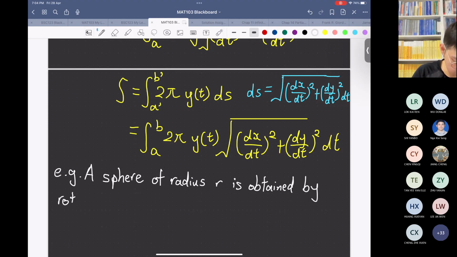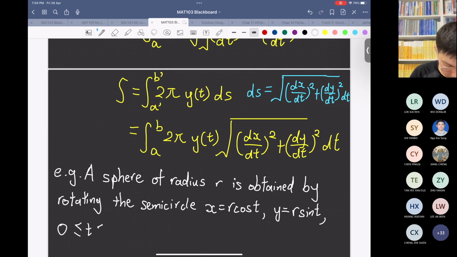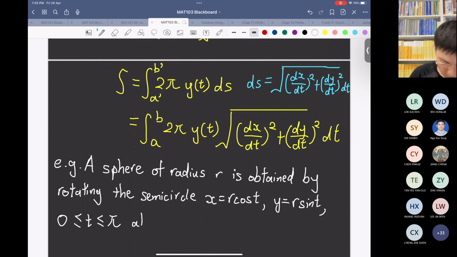So if you rotate the semicircle, x equals r cos theta and y equals r sin theta, when you control theta between 0 and pi, about the x-axis.